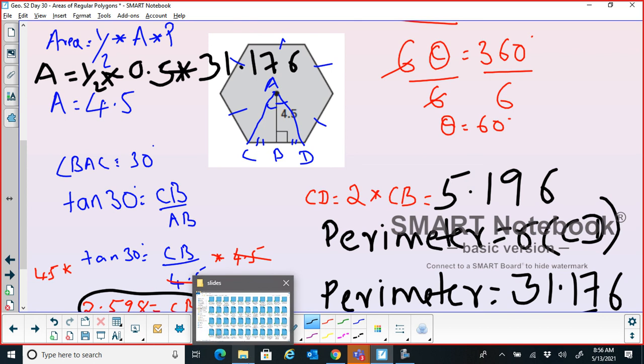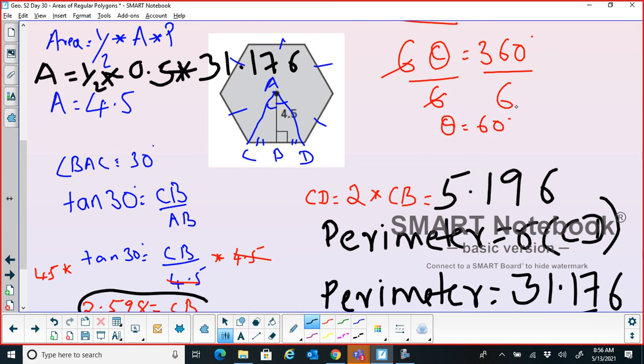4.5. My bad. It should be 4.5. The apothem is given to us, that is 4.5. Okay, half of 4.5 times 31.176.